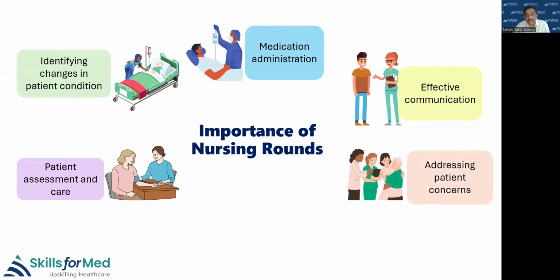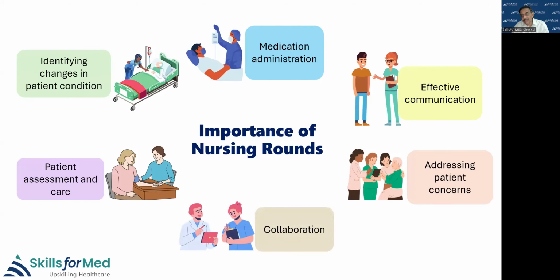And also, whenever the patient has new complaints or any concerns, you're able to address them when you do the rounds. And finally, collaboration. You will do rounds with the doctor or with the dietitian or with many other healthcare team members. So, in a multidisciplinary team, the rounds help to enhance the communication and enhance the care of the patient.